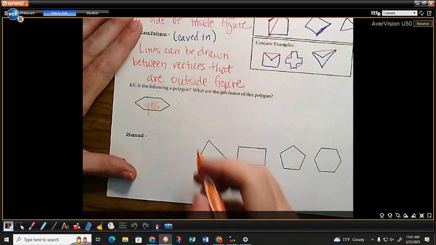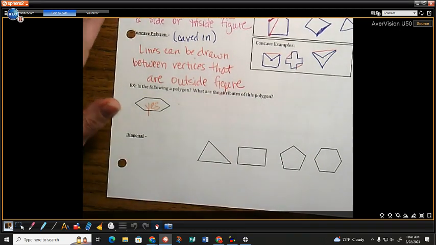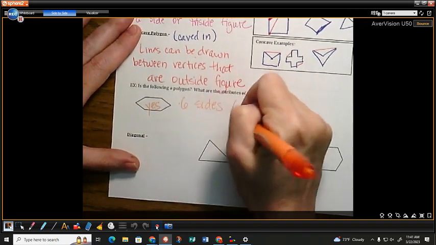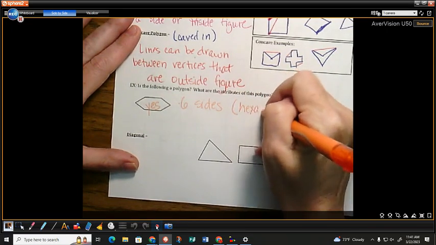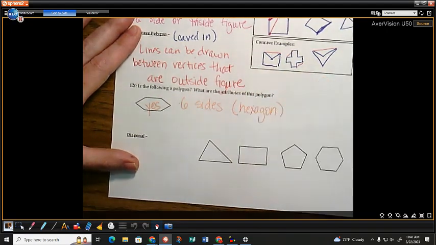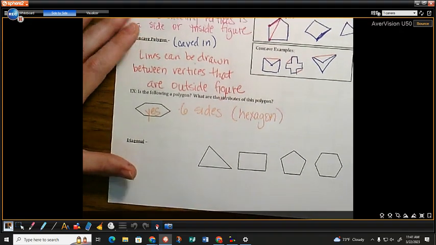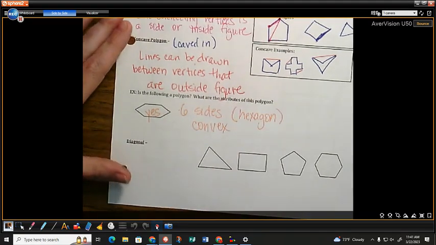It's two-dimensional. That's also part of being a polygon. It has 6 sides, which means it is a hexagon. What else? It is convex. So it is a convex hexagon.